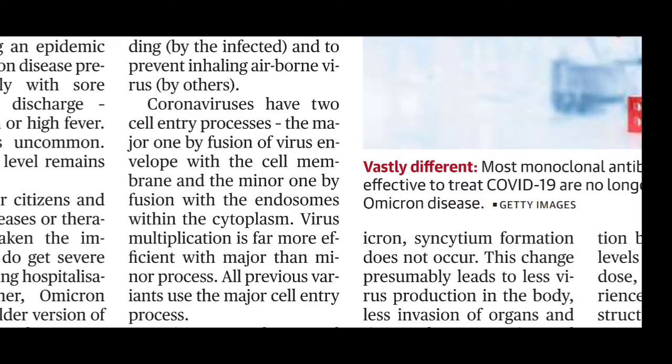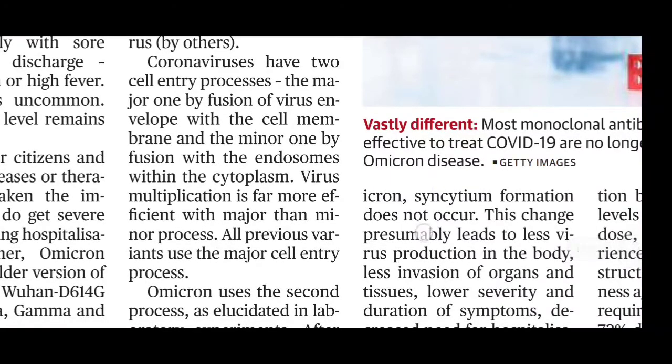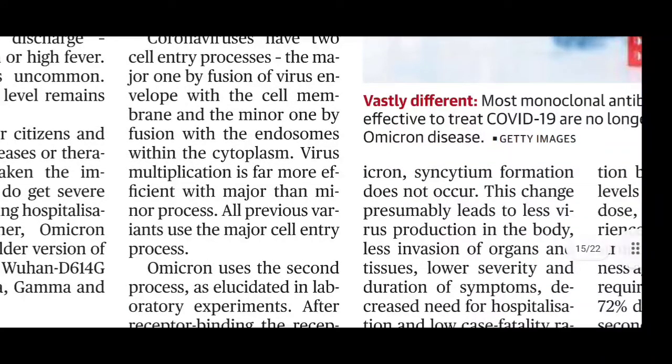Coronaviruses have two cell entry processes, the major one by fusion of virus envelope with the cell membrane and the minor one by fusion with the endosomes within the cytoplasm.